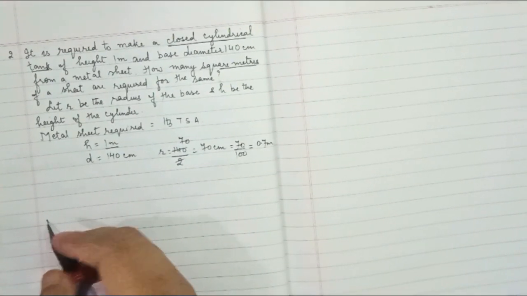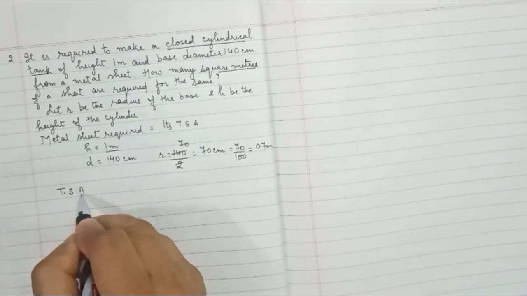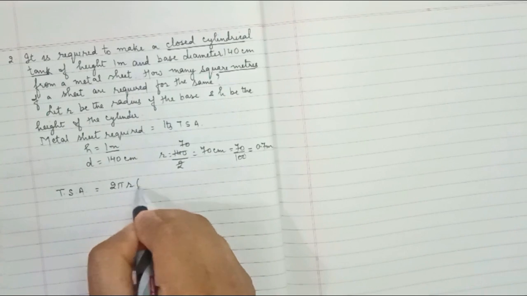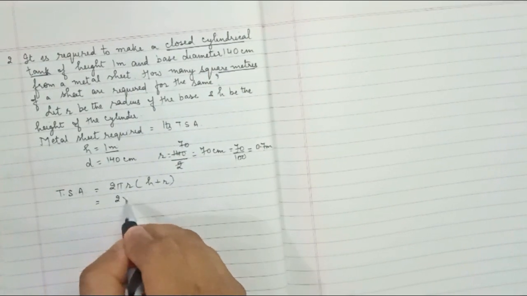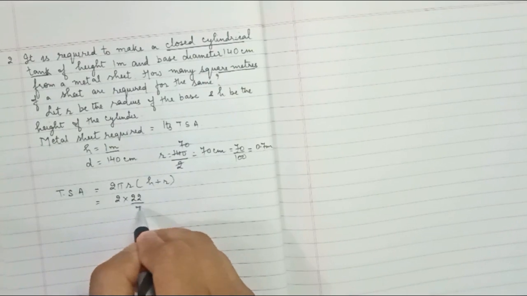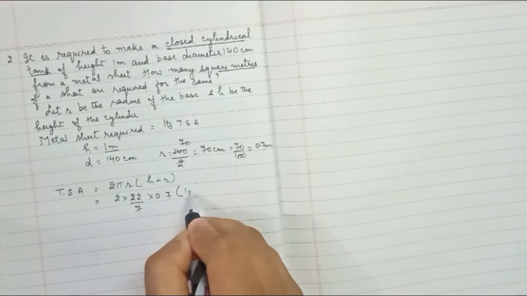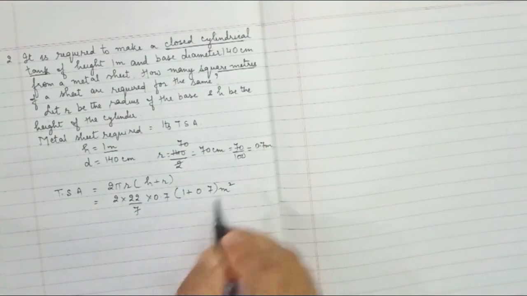Okay, now we will apply the formula of TSA. So TSA is equal to 2 pi R (H plus R), which is equal to 2 into 22 upon 7 into 0.7 (1 plus 0.7) meter square.